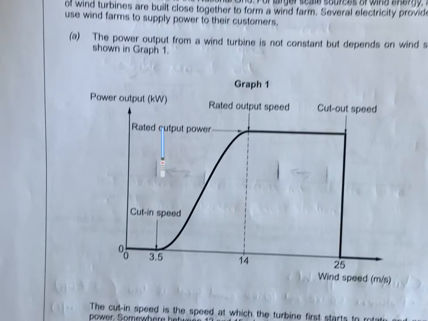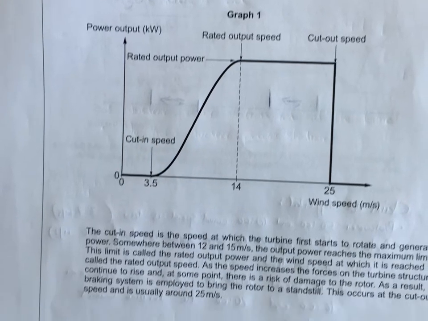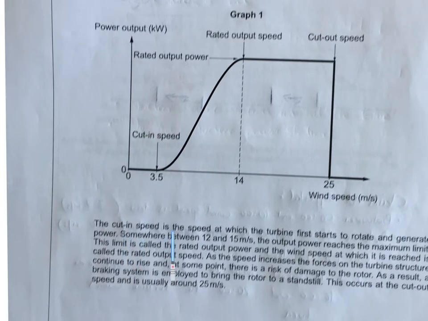This graph is telling us there's a power output for a wind turbine, and as the wind speed increases, you can see the cut-in speed, and it'll tell you in the blurb that the cut-in speed is the speed at which the turbine starts spinning. So sometimes you'll be out on a sunny day and you won't even see these turbines spinning. That's because the wind speed is very low. It needs to be at least 3.5 for that turbine to start turning.